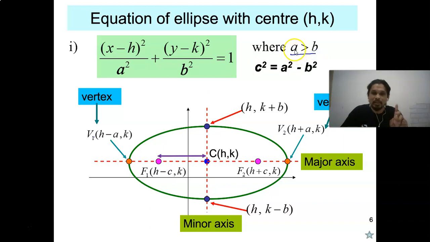No matter whether a is under x or y, it's not a matter here, just take the biggest value as a, and a is always greater than b, because we're going to fit it with this equation to find c from the center to the focus point. So we move from h, c units to the left and c units to the right.